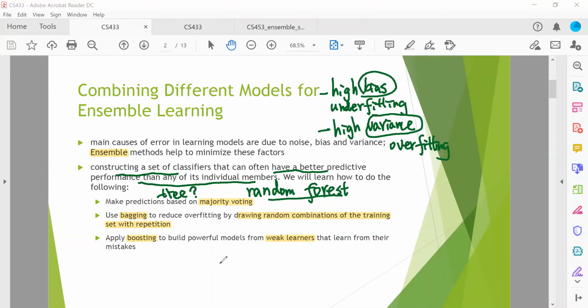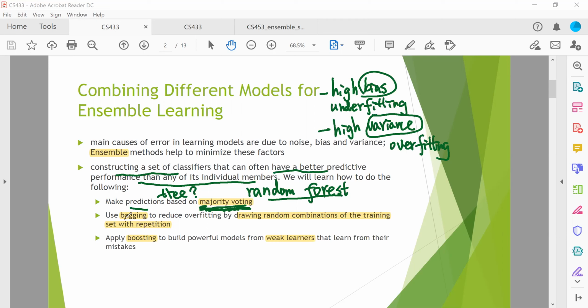If you have multiple decision trees, each one may give a different result, so how do we make decisions? It's based on the concept called majority voting. Keep this in mind.